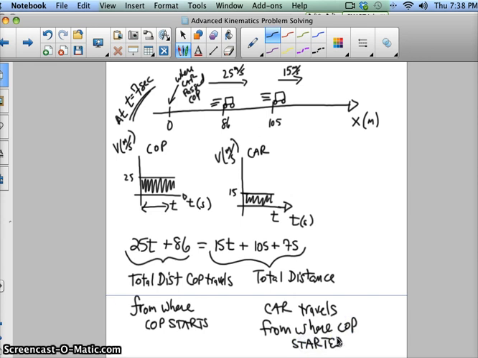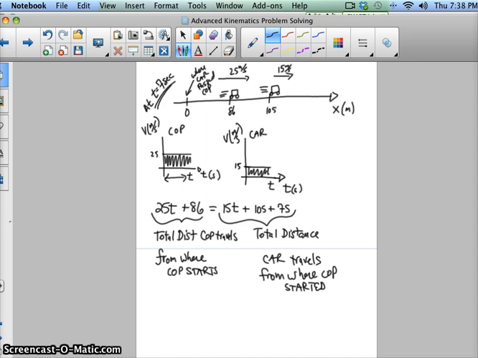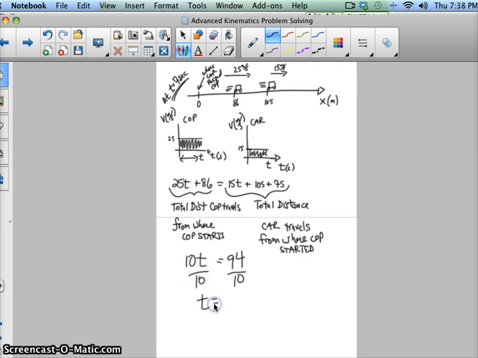Really complicated problem. Anyhow, when you solve this, you're just subtracting 15t from both sides, you get 10t equals, and then 105 plus 75 is like 180. You subtract 86 from both sides of the equation, you get like 94, right? You divide both sides by 10, and you should get time equals 9.4 seconds, right?